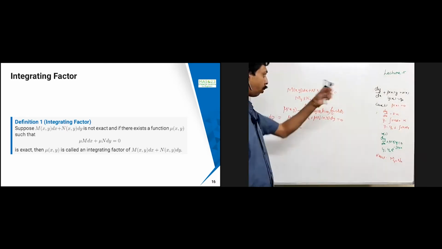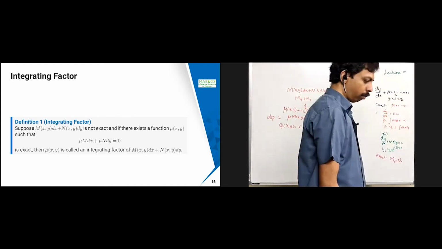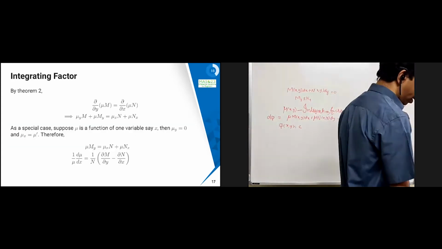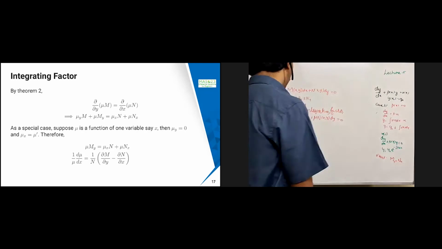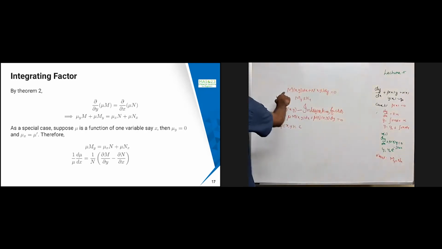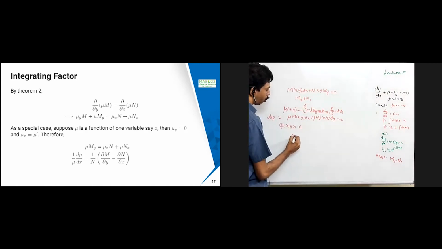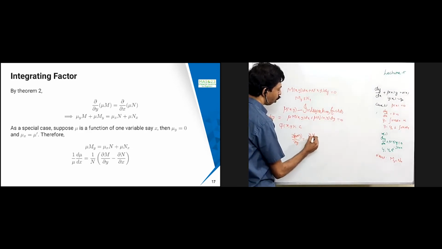Now this concept is going to be useful to find the integrating factor for the problem we are dealing with. If such a ν exists, then this is not exact but this is exact. If it is exact, what does it mean? I have ∂(νM)/∂y = ∂(νN)/∂x. But what does it mean?